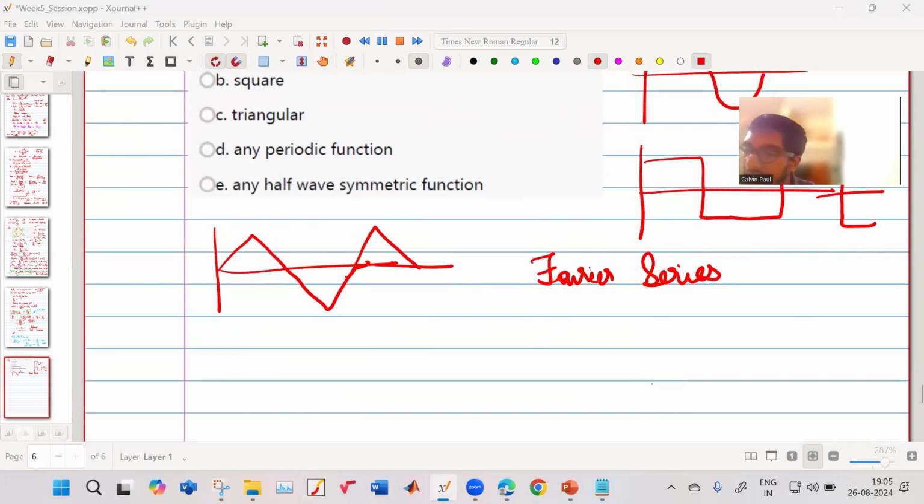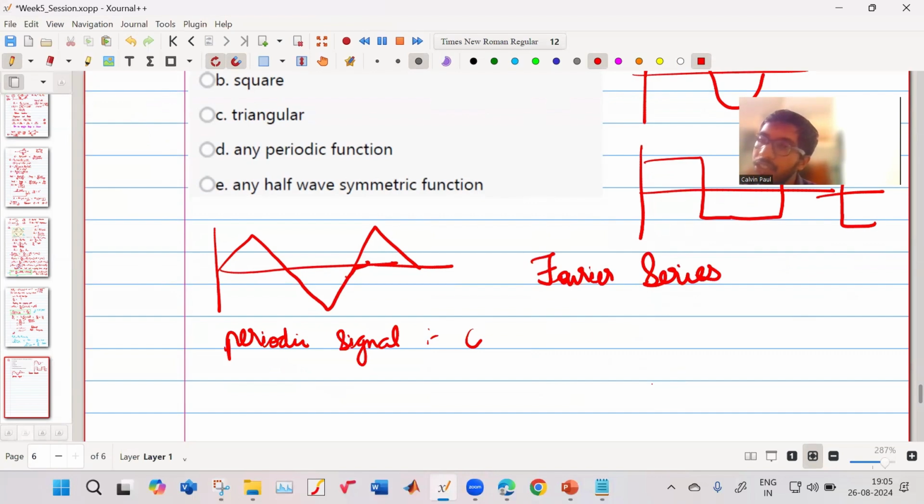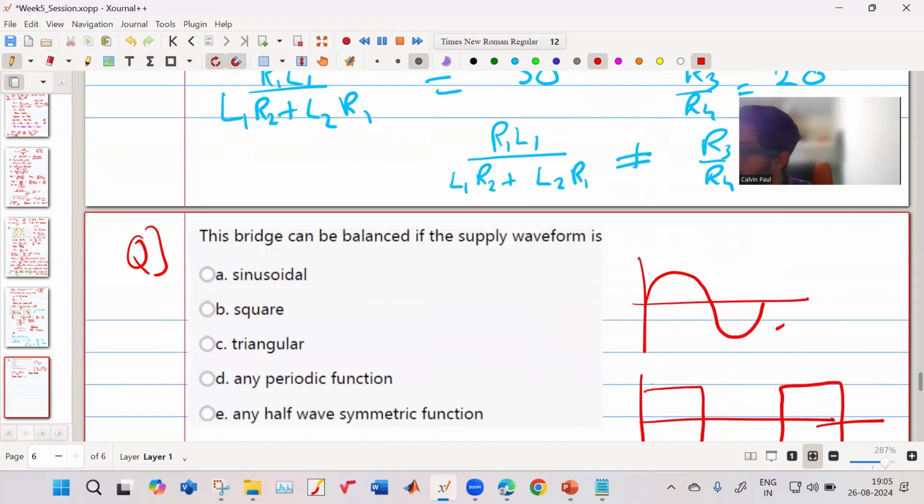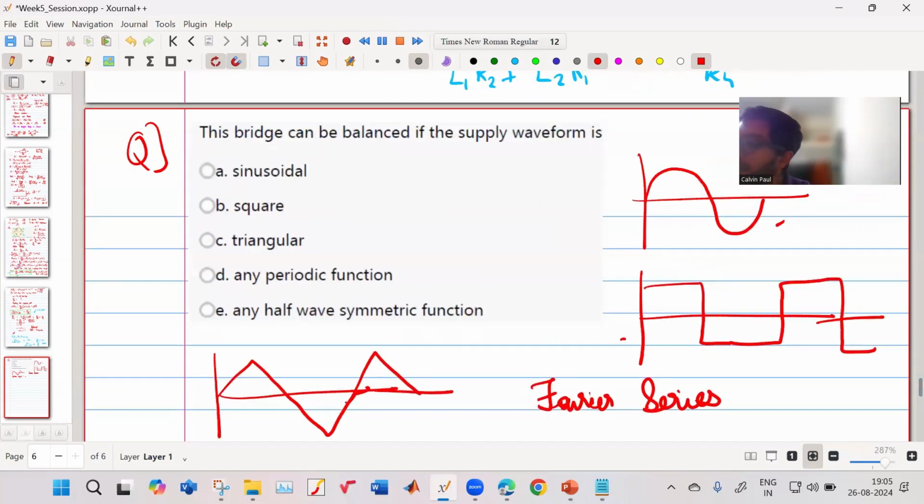Fourier series takes any periodic signal which will satisfy certain conditions, such as continuity, or it should be integrable, or it should be within limits, etc. There are many constraints, but basically your signal is a periodic signal. So sine wave is periodic. We agree. Is a square wave periodic? Yes, sir. Okay. And my triangular wave is periodic.